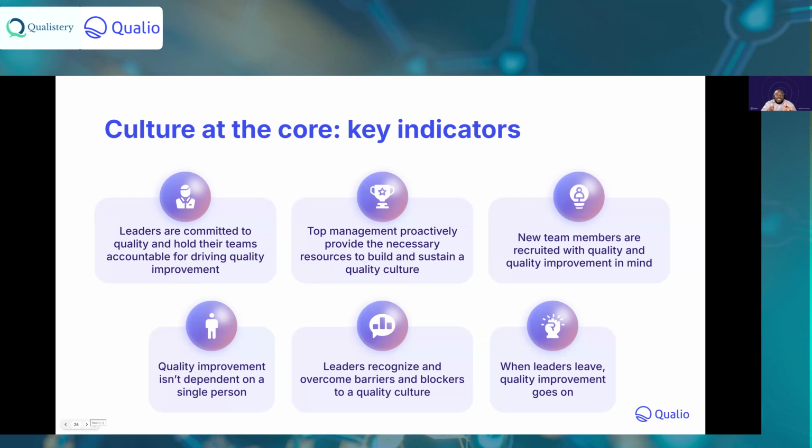What that basically means is, if you don't have a culture of quality, you will not be successful in implementing quality or have an excellent quality program, a quality system. Your success as a quality organization is highly dependent on whether you are able to build a quality culture. So the question is, what are some of those key indicators?